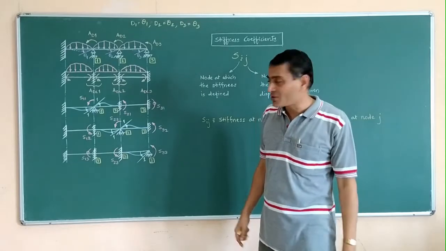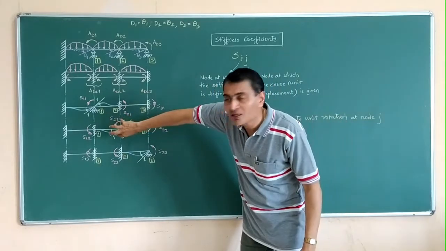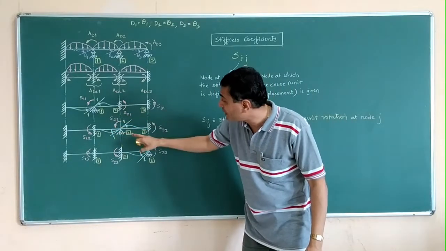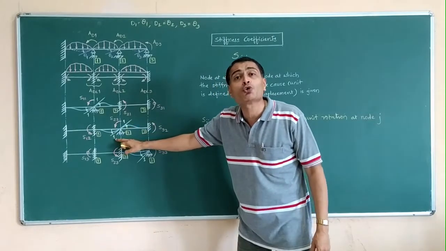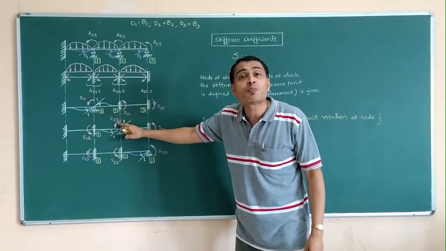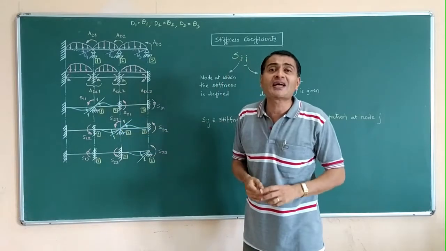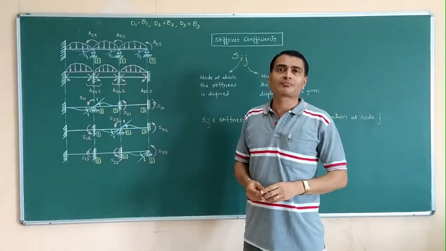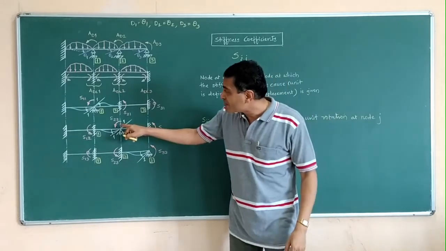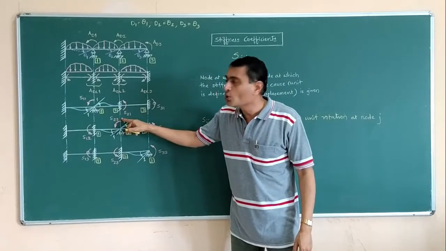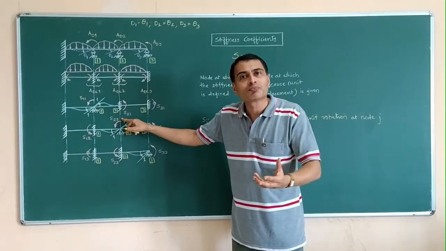Then observe my stiffnesses. Whenever I apply some movement here, or whenever I develop this particular unit rotation, the corresponding action at that node I am calling S22. Why S22? It is action at 2 due to rotation at 2.